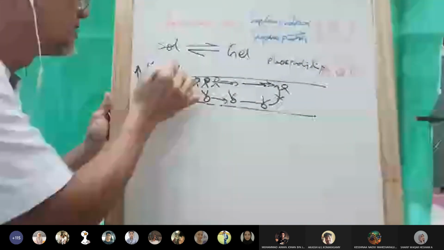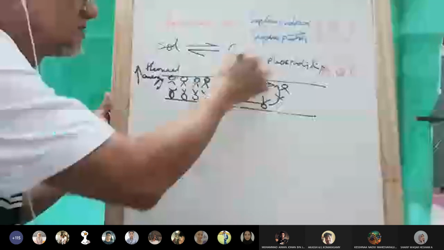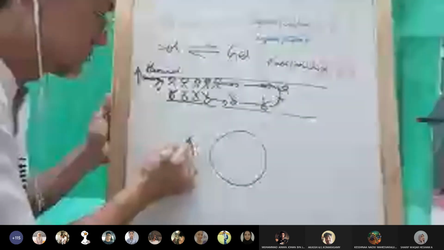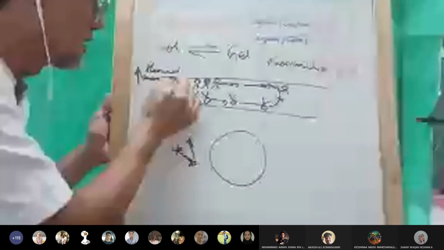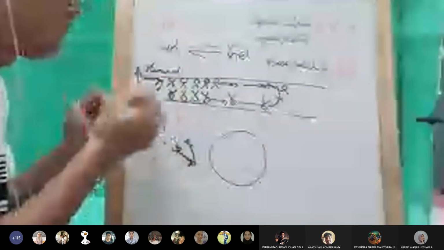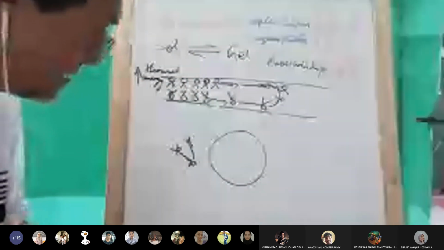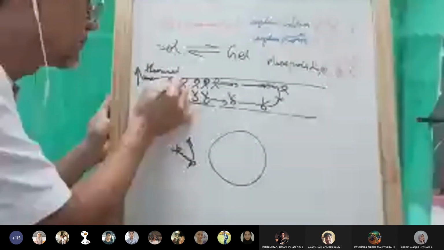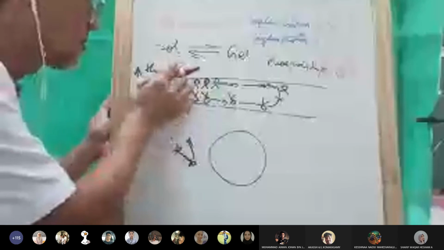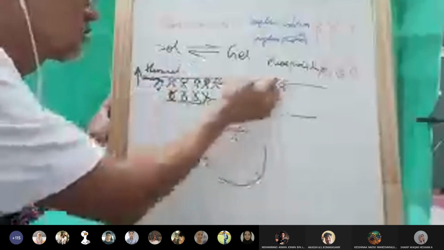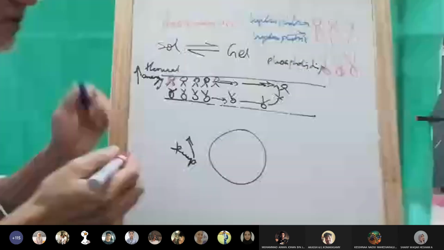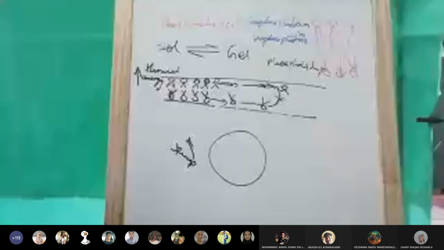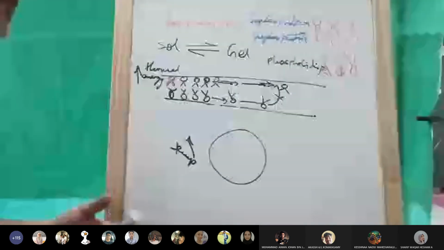If the temperature surrounding the cell increases, the phospholipid molecule gains more energy, breaks away from the neighbors holding it, and starts to move. So as the temperature increases, the cell membrane becomes more liquid.